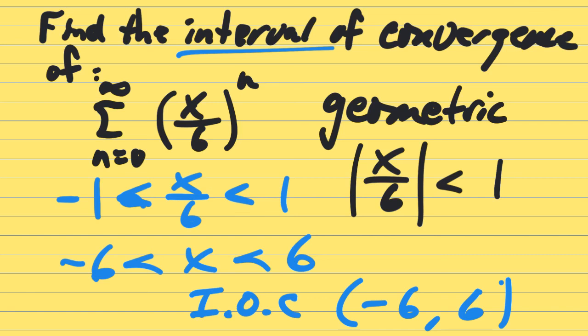If plugging a number into the original problem gives you a convergent series, then you use a bracket. If it does not lead to a convergent series, then you keep it parentheses. On the next slide, we're going to test -6 and +6 to see if either or both of those values result in a convergent series.